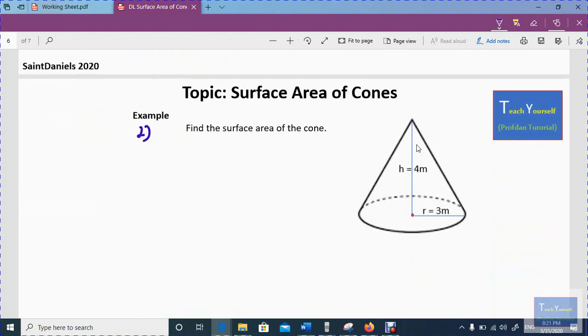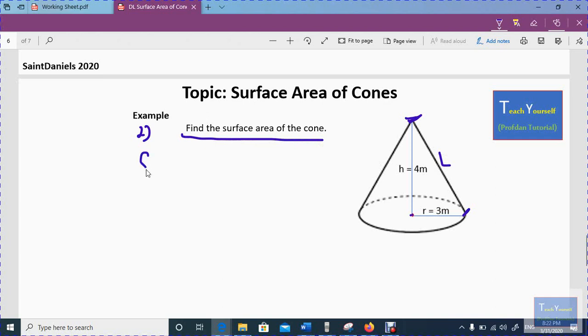In this cone, we have the height, which is the straight path from the apex of the cone to the center point of the circle. The height is given and the radius of the circle is given. Remember, from this point here to this point here is the slant length, which is what we need in our formula. The question says find the surface area of the cone.